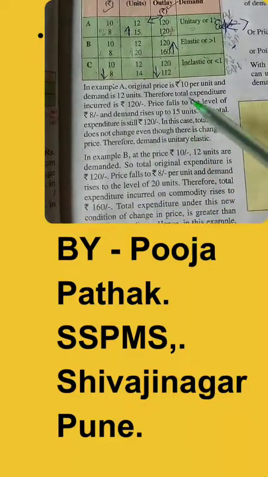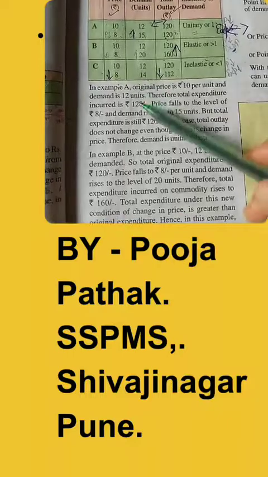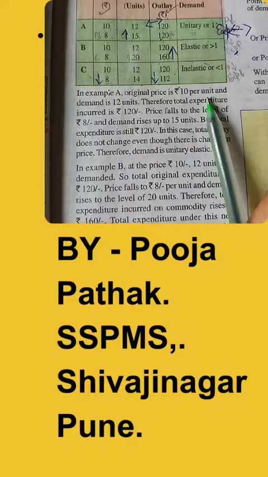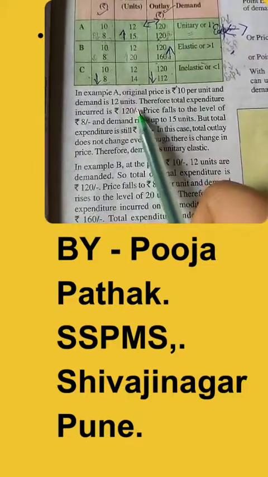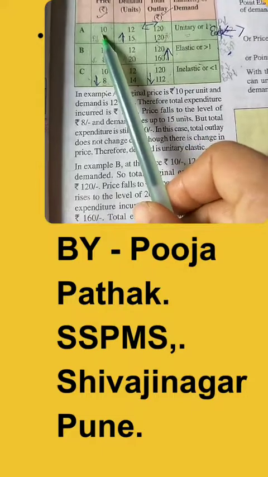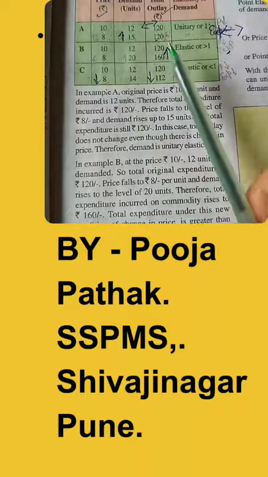Now let us see the explanation of these three which have been given over here. In example A, the original price is rupees 10 per unit and demand is 12 units. Therefore total expenditure incurred is 120.